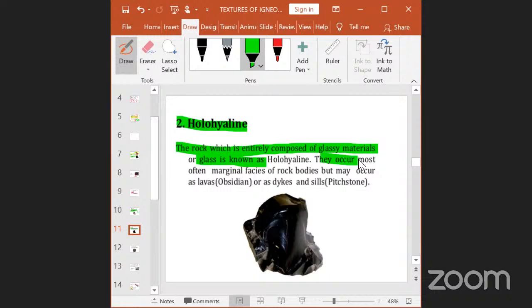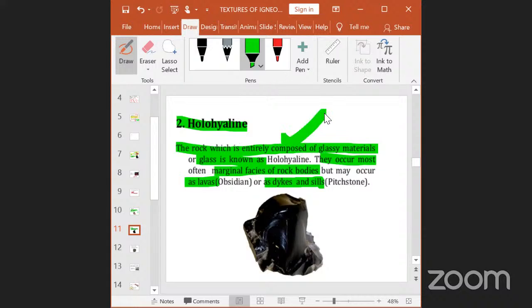They occur most often in marginal phases of rock bodies, but may occur as lavas or as dikes and sills. I already told you in structures of igneous rocks what the dike and the sills are.